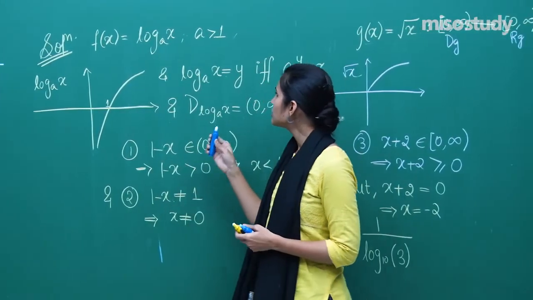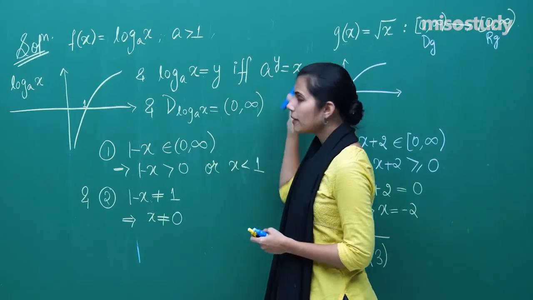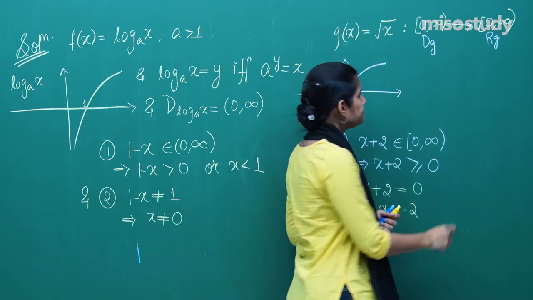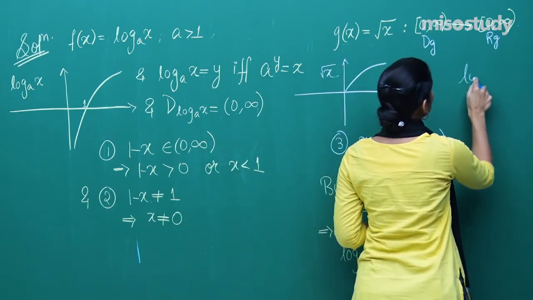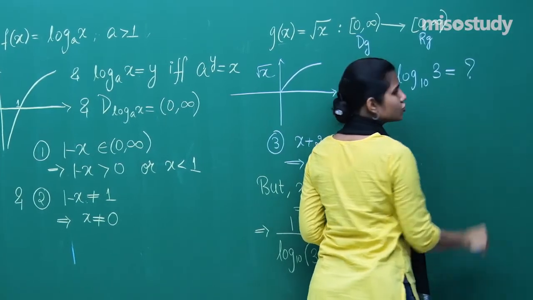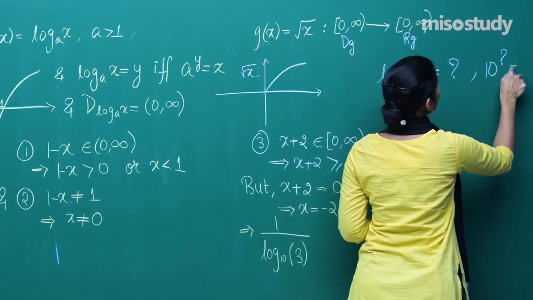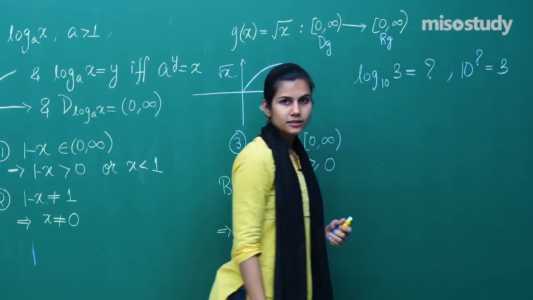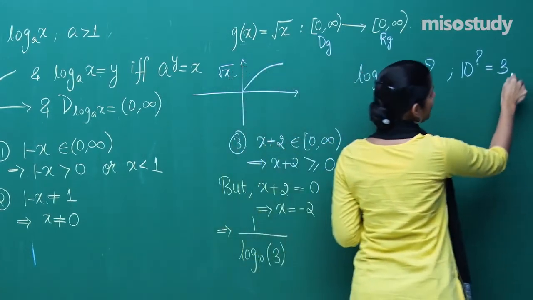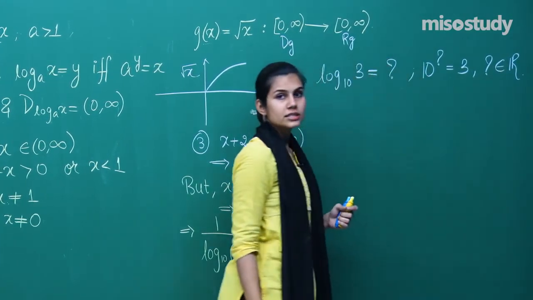If I use this rule that log x to the base a is y if and only if a to the power y is x, then log 3 to the base 10 is equal to that question mark such that 10 to the power question mark is 3. And this question mark that I have put is allowed to come from all reals.